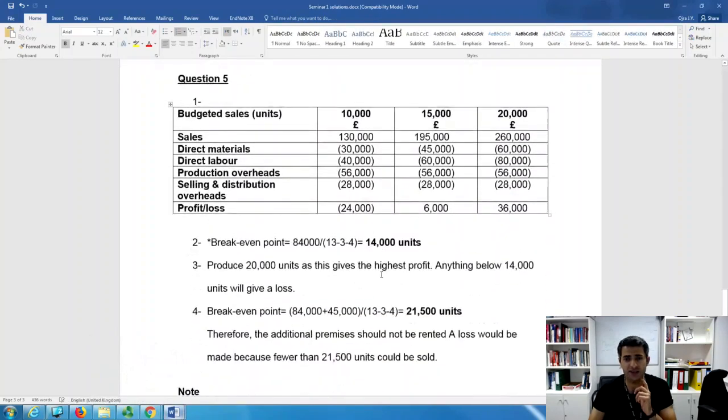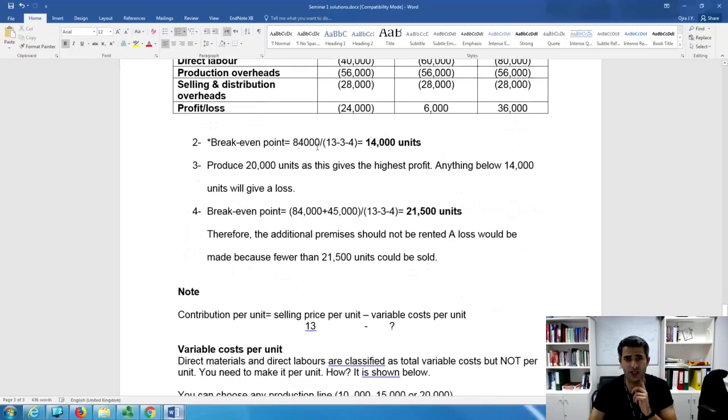So we now have the break-even point in units: 21,500 units. This means the company needs to sell 21,500 teddy bears in order to break even.